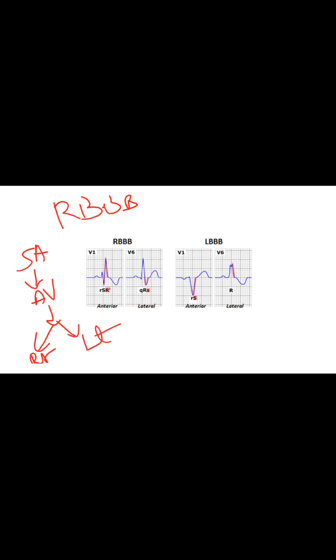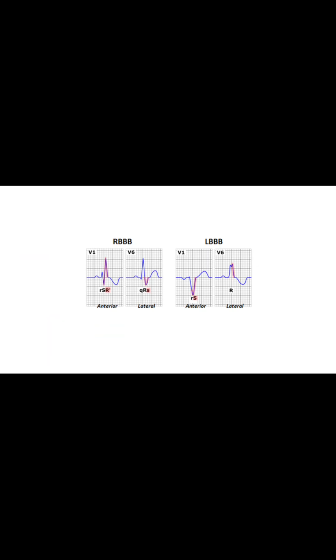That's the normal thing. Now suppose this is the right ventricle, this is the left ventricle, and the conduction through the right bundle is blocked. That is what is happening in RBBB, which means right bundle branch block. So there are three rules which you must know.